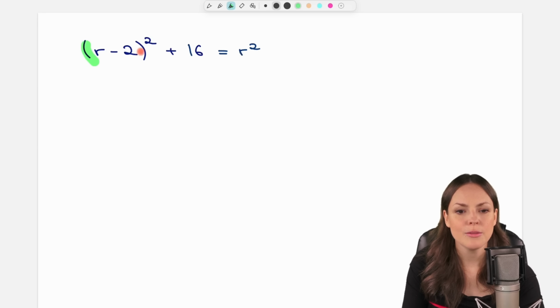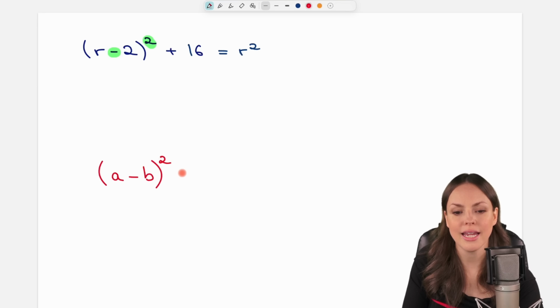Maybe we get rid of these parentheses now. We have a difference in here, and all of this is squared, so this is a special product. And we can use a formula to get rid of these parentheses, because every time you have something like a minus b and square this thing, then the result is a squared minus 2ab plus b squared.